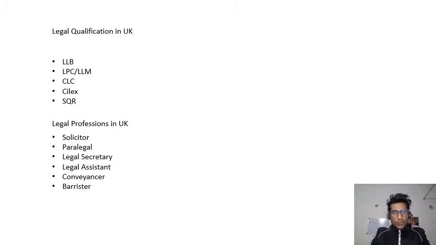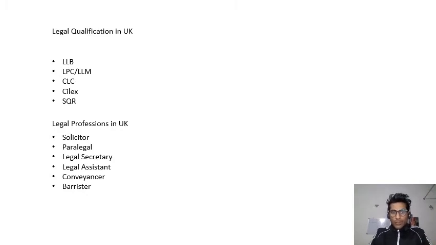Most of the students should have experience in legal firms, and after it they give them a training contract. Other qualifications are CLC, CLIX, SQR. CLC is for conveyancer. A conveyancer is someone who deals in property.